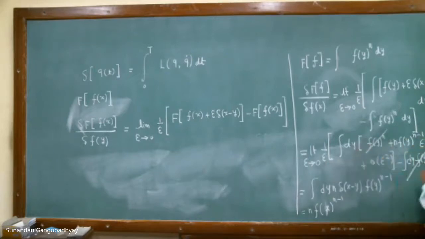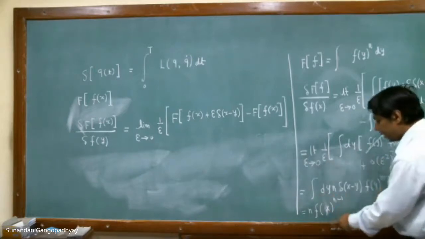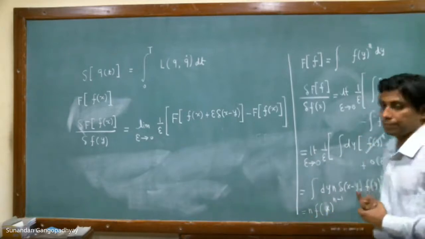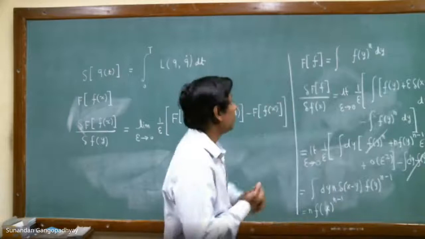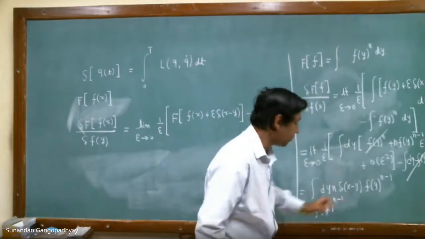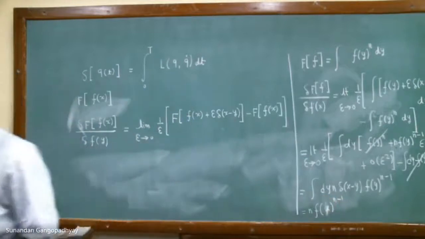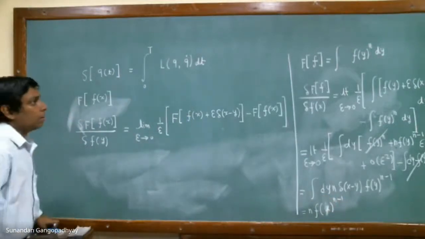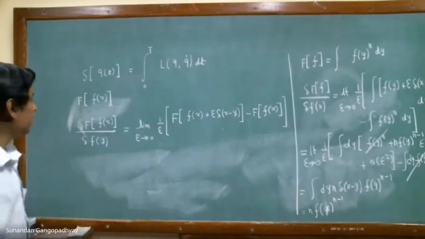Epsilon and epsilon get cancelled. You perform the delta function integration, you will get n f of x to the power of n minus 1. So the functional derivative of this functional with respect to f of x is n f x to the power of n minus 1. So this is from first principles.